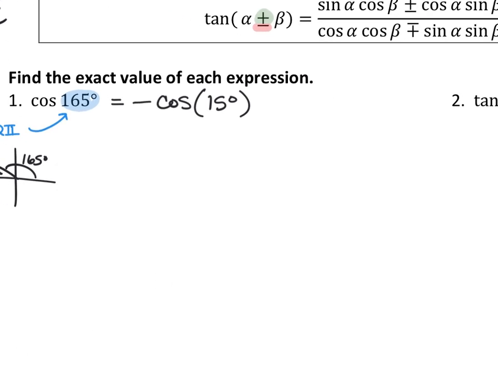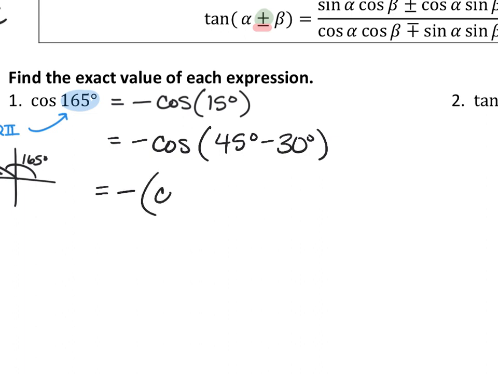For this problem, just to show you that it doesn't really matter how you make 15, we'll go ahead and do cosine of 45 degrees minus 30 degrees, because isn't 45 minus 30 15? Great. So now we look at the cosine equation. If we're doing the difference of cosines, the formula that I want to use is cosine of alpha times cosine of beta. Do I want minus or do I want plus?